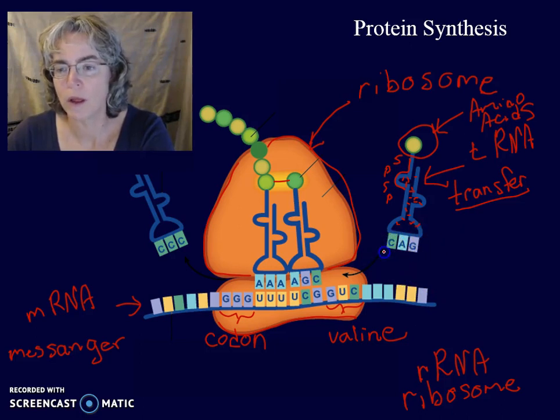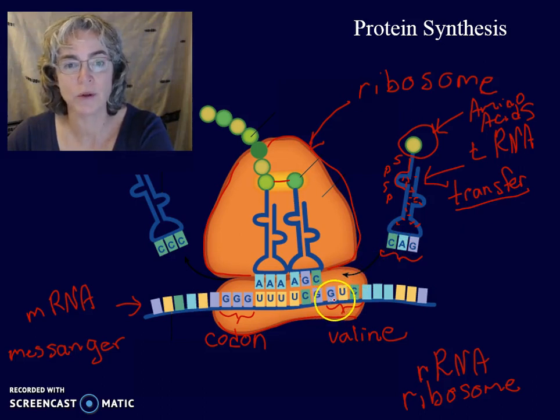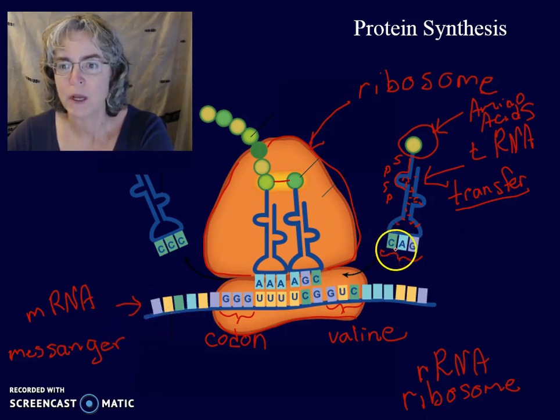So on our tRNA molecule, there are three nucleotides sticking out at the end of this molecule, and they are complementary to the nucleotides on our mRNA molecule. We know that cytosine bonds with guanine, adenine bonds with uracil, and guanine binds with cytosine.